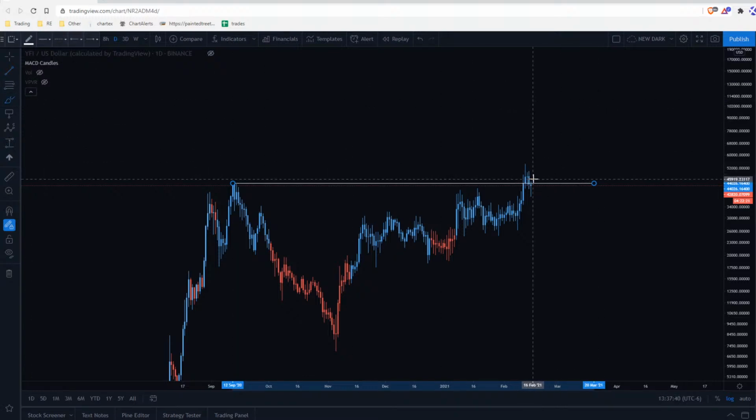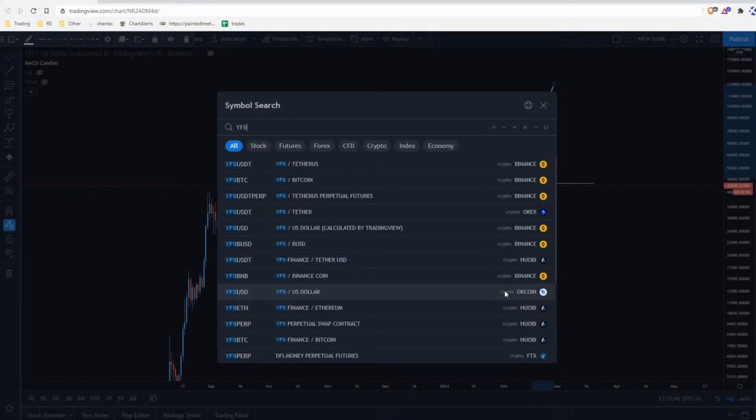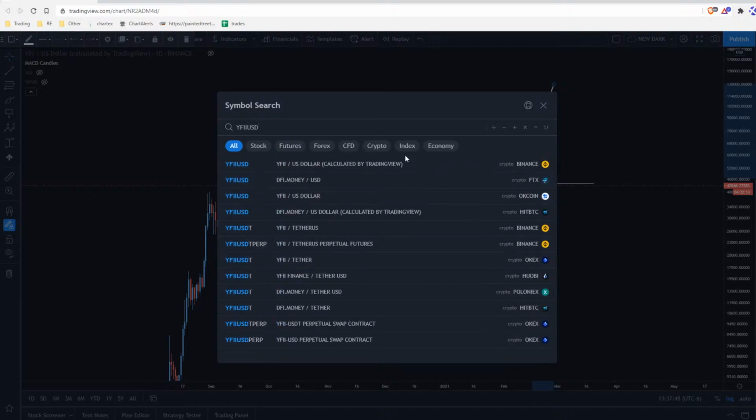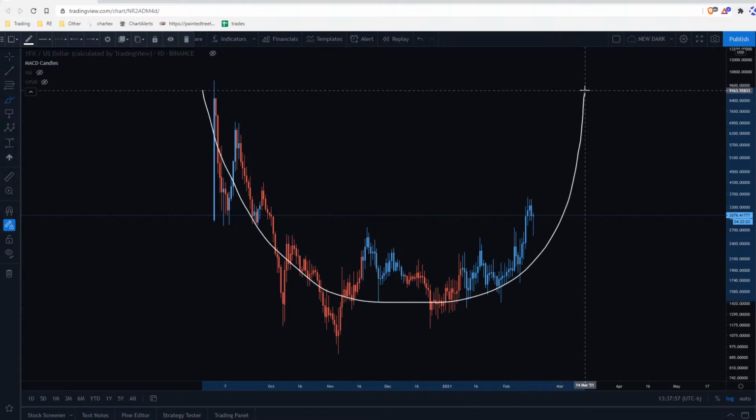And I can catch this impulse up. So there's less questions for me on this than some of the others. Same on YFI. We know it's still doing this process.